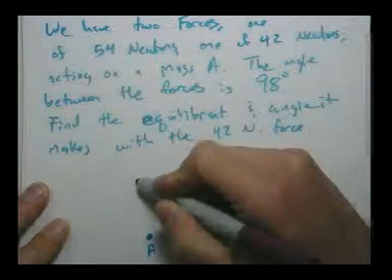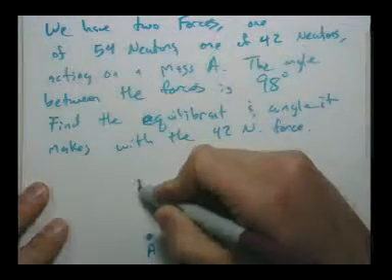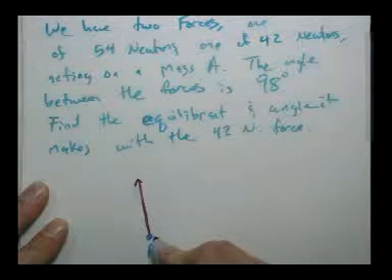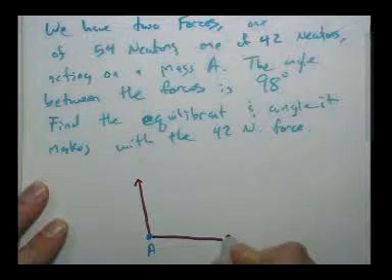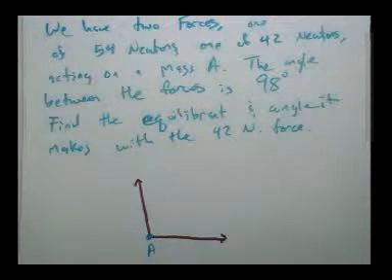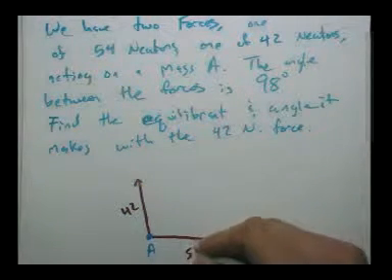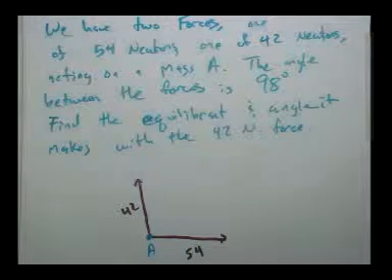So we've got that guy there. And we've got that guy there. Here are our forces. And we'll call this one the 42 newton force and this one the 54 newton force. It doesn't particularly matter. We just need to make sure everything's labeled.